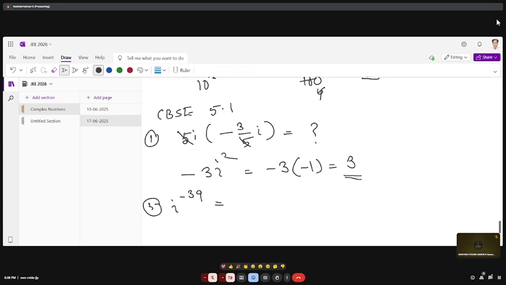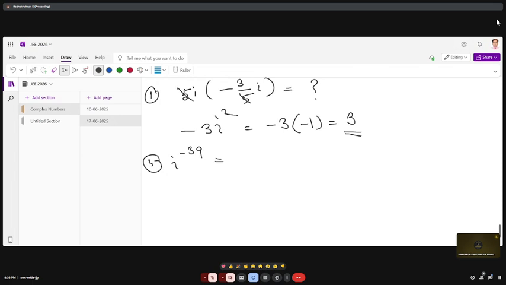Okay. So how did you do? What formula did you use? I explained in the beginning, right? So you have to write this exponent in terms of how many powers of 4 and then the remainder. Minus 39 can be written as minus 40 plus 1, right?